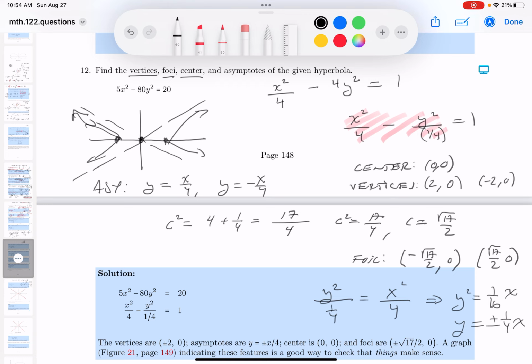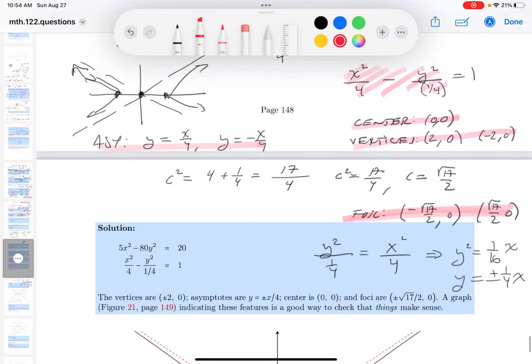All right, so what do you do now? Look at the key, and suddenly they ask for certain things. What did they ask for? They asked for the center, they asked for the vertices, they asked for the asymptotes. So vertices, foci, center, and the asymptotes. Did I put all that down? Oh, foci over here.